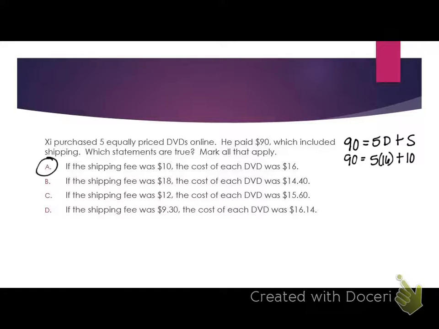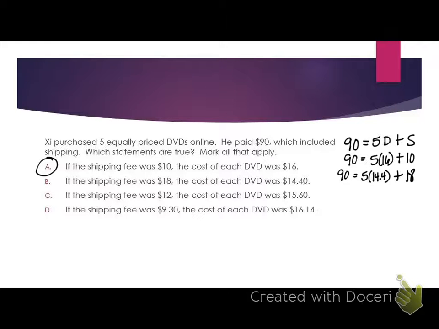So A is correct. For B, the shipping fee was $18 and each DVD was $14.40. So 5 times $14.40 gives us 72, and 72 plus 18 is $90.